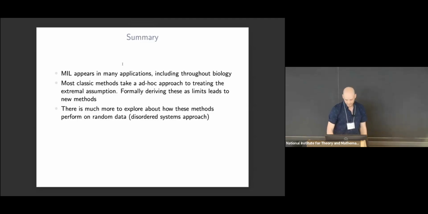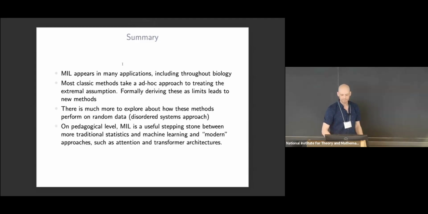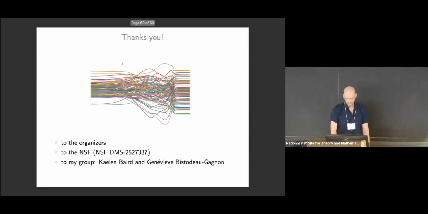There's a lot to explore, thinking about random data. It's kind of a disordered systems view. And on a pedagogical level, again, it says AI over there, if you're curious about AI, these large language models, transformers, I find this to be a useful stepping stone to learning about those ideas.